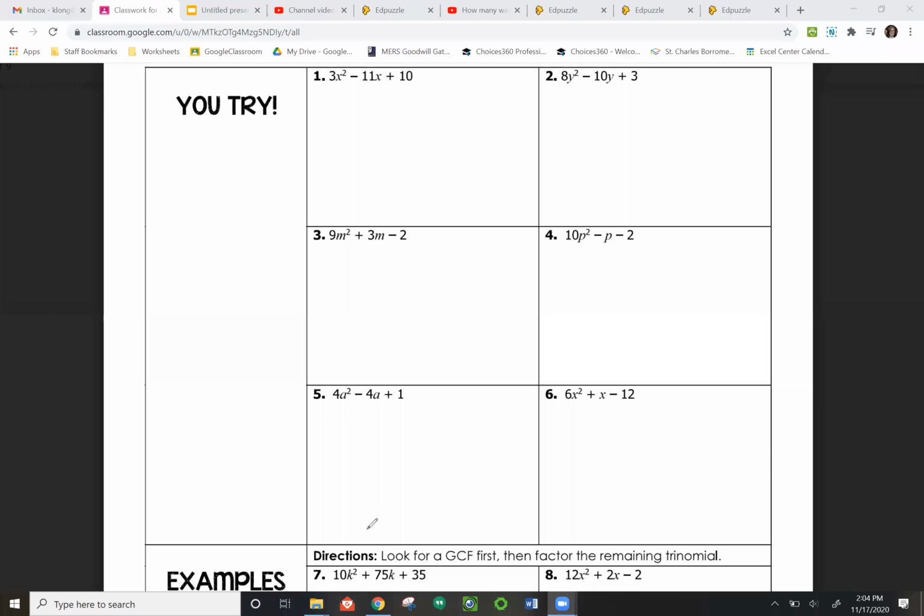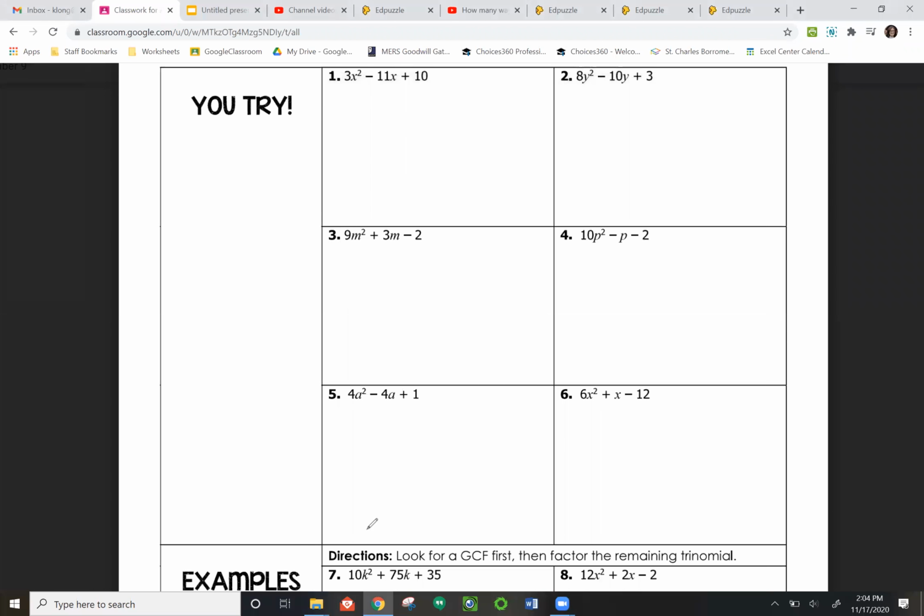In number 5, I have a trinomial where I cannot factor anything evenly out of all 3 of the terms. So I'm going to have to use the x method, because the leading coefficient is not 1. If it was a 1, you could use the shortcut method that we learned in our last lesson. So what do we put on top?